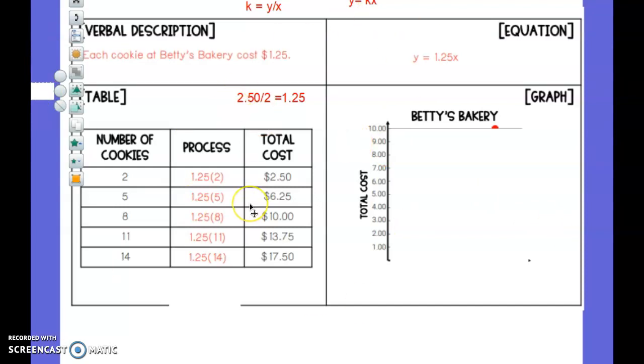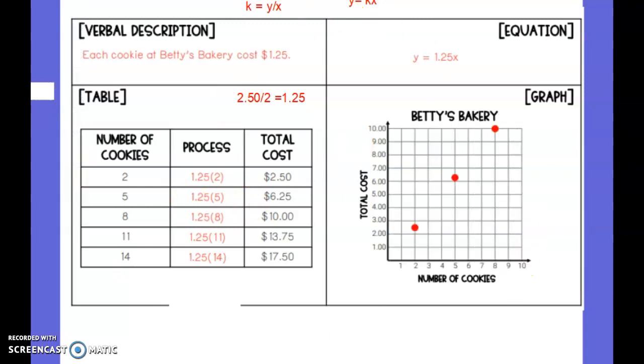After you're done with your verbal description, your equation, and your table, then you're going to go ahead and do your graph. When x is 2, y equals 2.50. When x is 5, y equals 6.25. When x is 8, y equals 10.